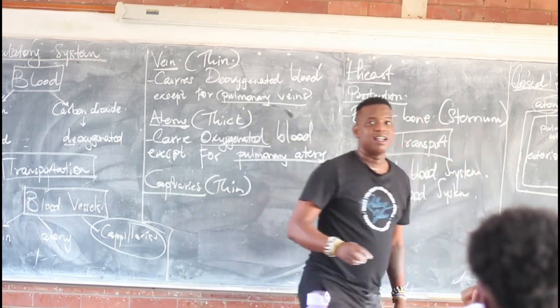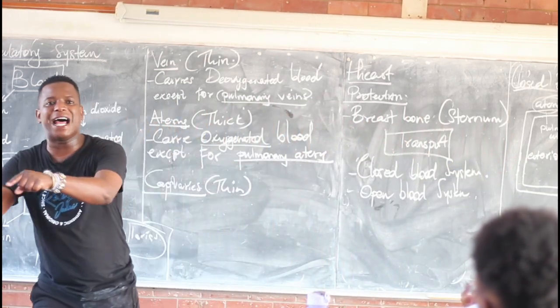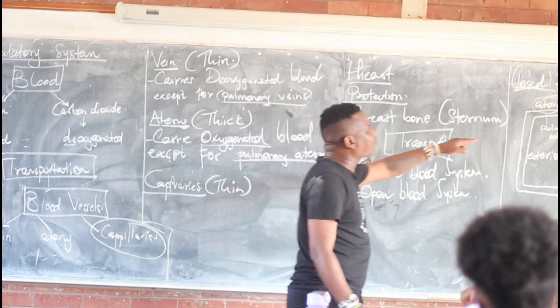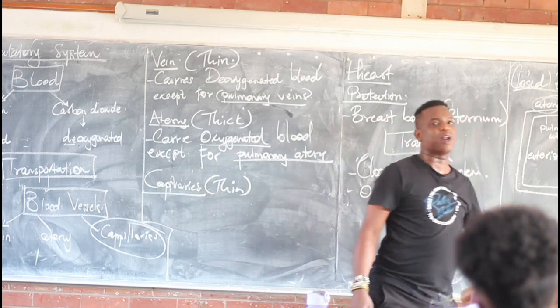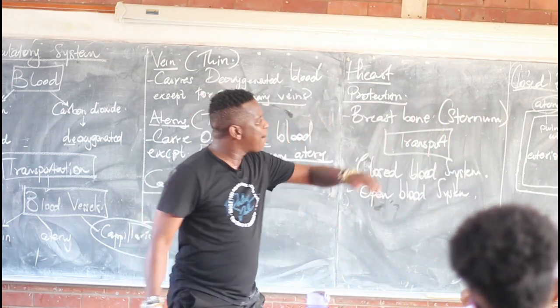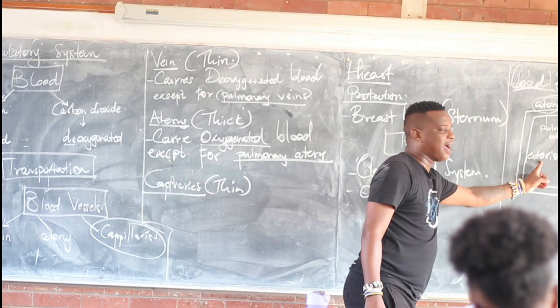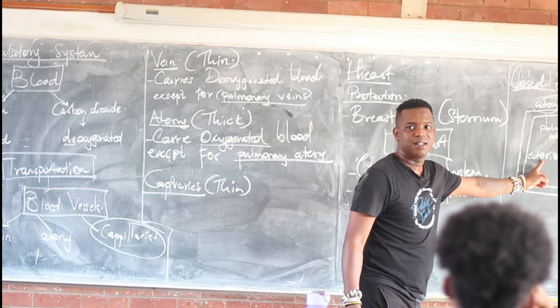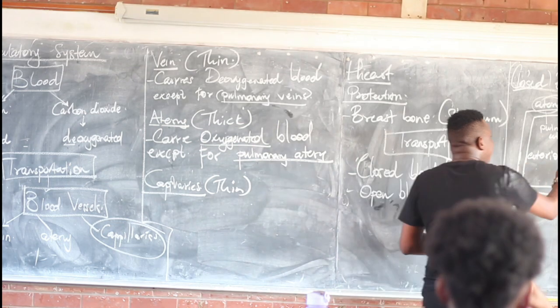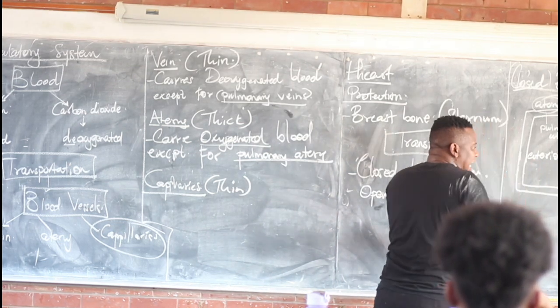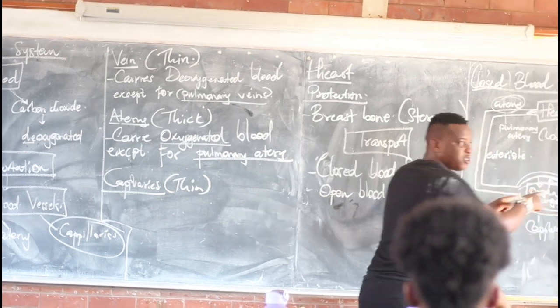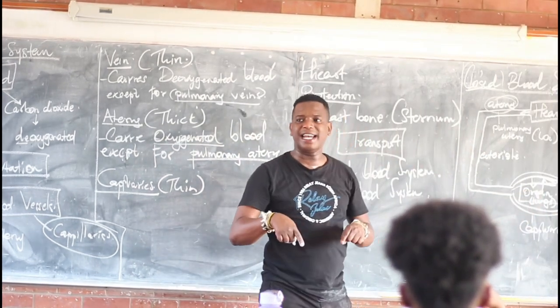I'm going to clean this blood in the lungs, but I have to leave the heart using the pulmonary arteries. When I move away, I'm using the arterioles, and the arterioles take me straight into the lungs. What happens when I reach the lungs?